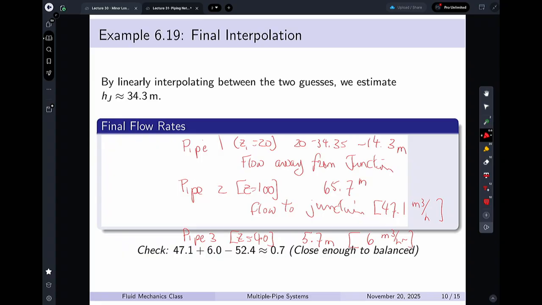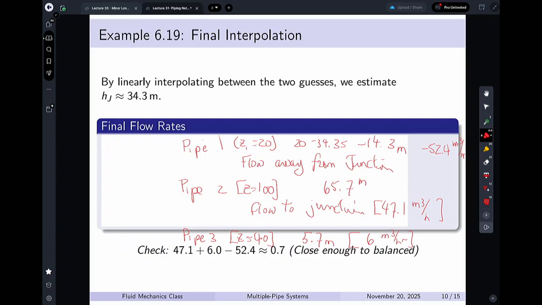If you do an interpolation, starting by linearly interpolating pipe 1, and then solve through for things, you'll find that pipe 1, which is below the junction, has a negative flow rate. Pipe 1 is minus 52.4 meters cubed per hour.